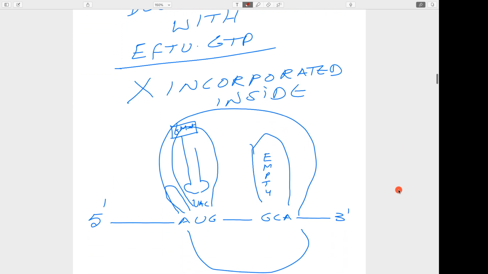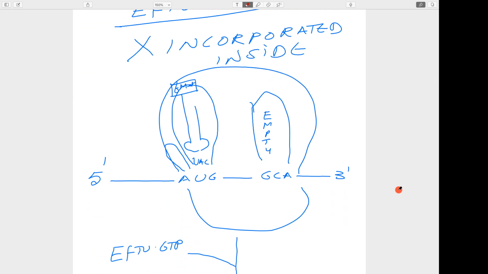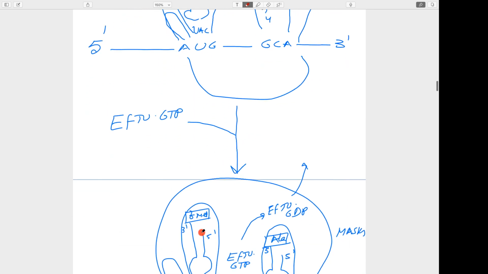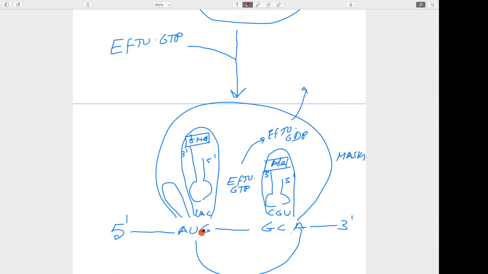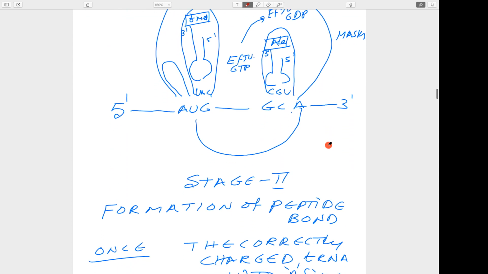So the EF-Tu GTP binds at the factor binding center, which masks the 3' end of the amino acid transfer RNA and does not allow it to react. But after that, the EF-Tu GTP is converted to EF-Tu GDP and leaves, as the affinity is decreased. So this is the end of stage 1.